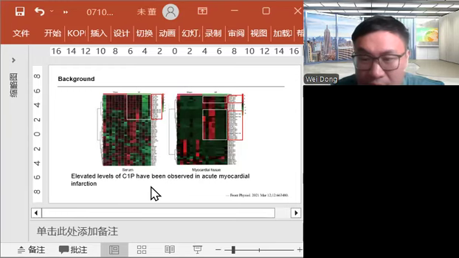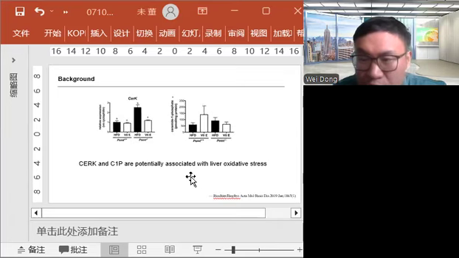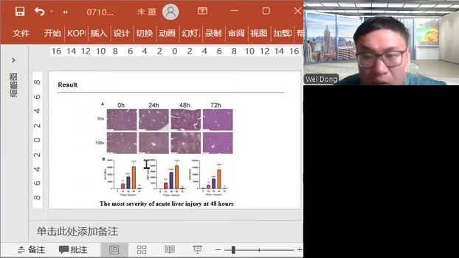We can find that elevated levels of C1P have been observed in the serum and the tissues, and C1P can attenuate organ damage and is associated with liver oxidative stress. Since then, we induced the acute liver injury first.